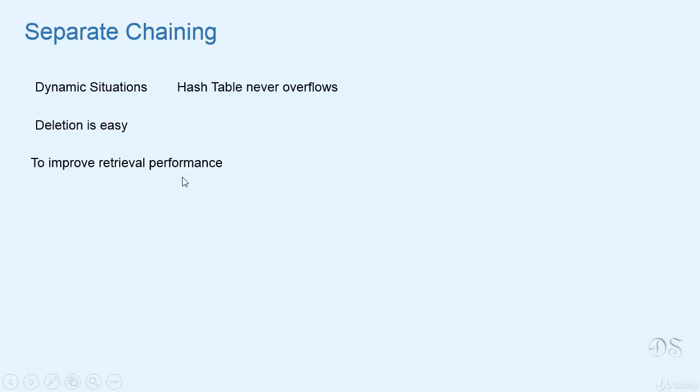To improve the retrieval performance, we can maintain the lists in sorted order. This is useful if there are many more searches than insertions and if most of the searches are unsuccessful. The main cost of separate chaining is the extra space required for maintaining the linked lists.